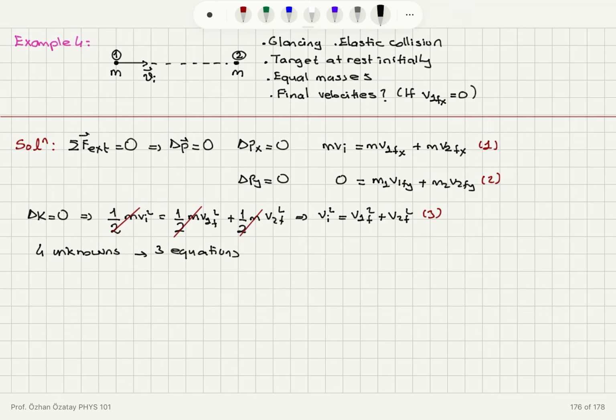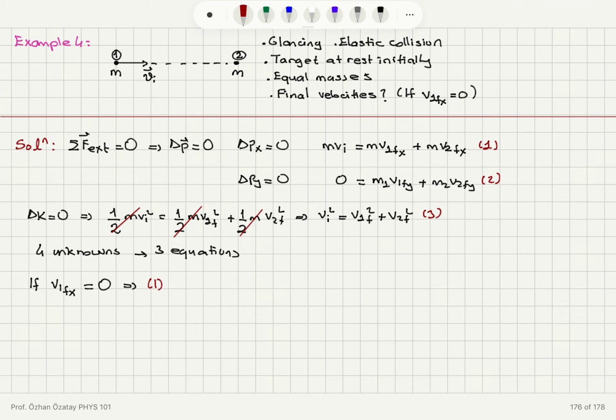So if I insert this information, V1 final x should be equal to 0. So I know that the first particle will not have an x component of its final velocity. Then I will reduce this problem to 3 equations and 3 unknowns.